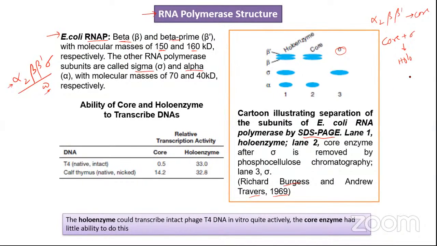Now, holo means complete. So the complete enzyme is the core, that is alpha 2 copies, beta and beta prime, along with the sigma subunit. The basic RNA polymerase activity is still retained although you remove the sigma subunit from the holo enzyme. So what remains is referred to as the core enzyme.